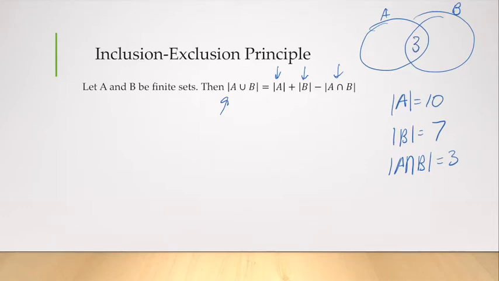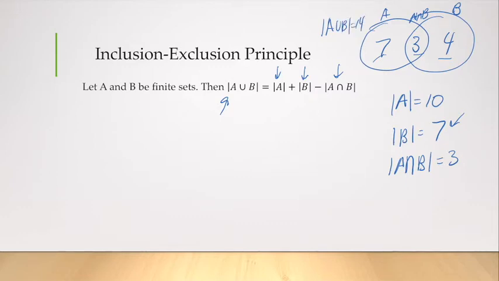All of A has to be 10, so there's going to be 7 in A that are not in B. B has to have a size of 7, and I've already got 3 in here, in A intersect B, so I have 4 over here. Now, if I want to know the total of what's in A union B, that's going to be 7 plus 3 plus 4, which gives us 14. Do you agree with that?